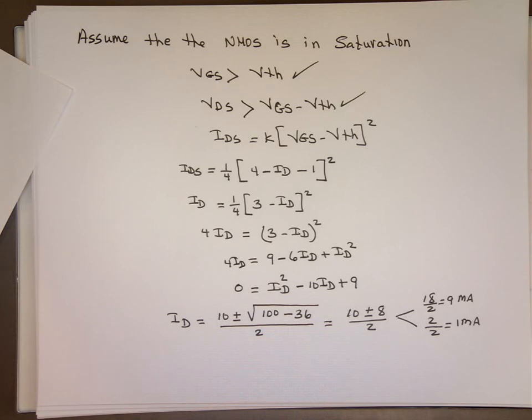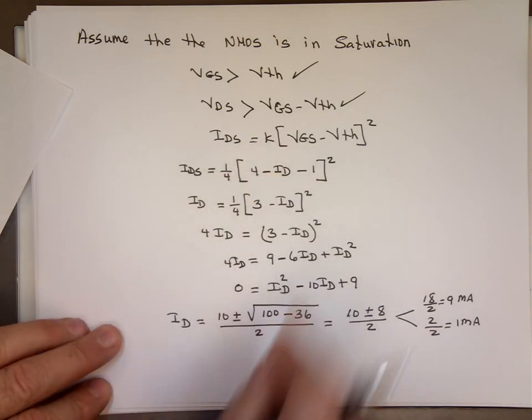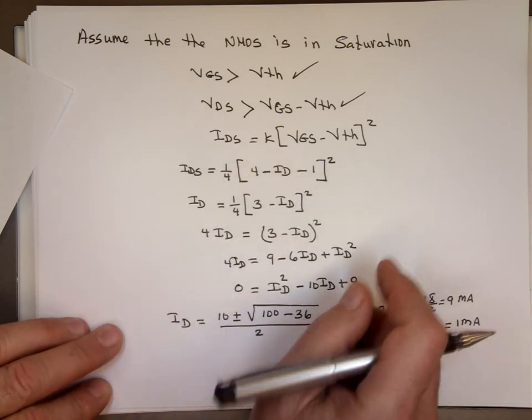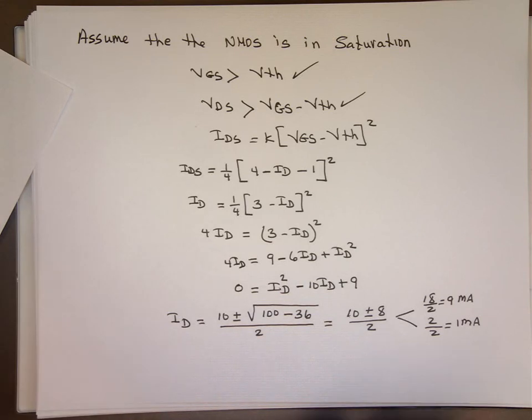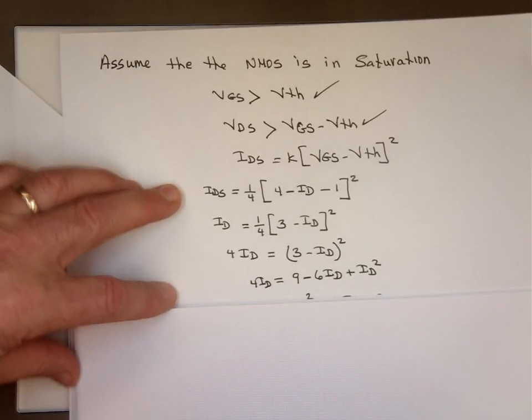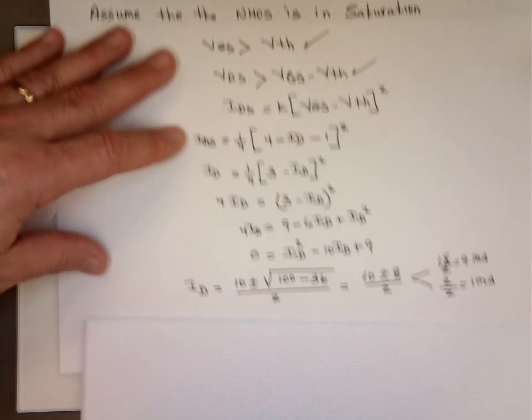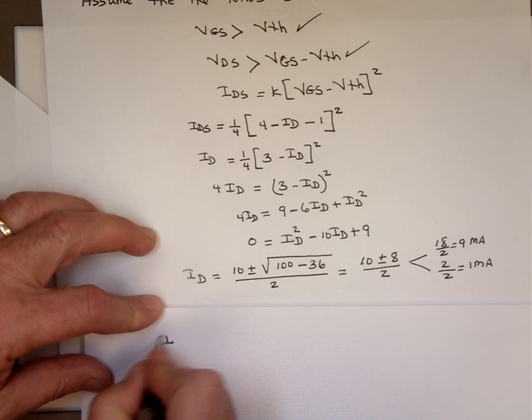Now, if we go back to this equation, where we started here, if I just put VGS back in, I can solve for VGS. So let me take the first number. I'm going to use I sub D equal to 9 milliamp.